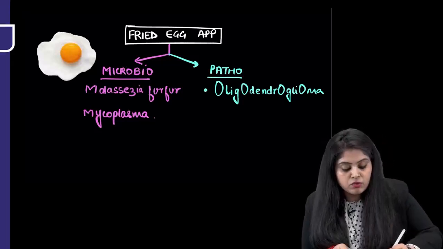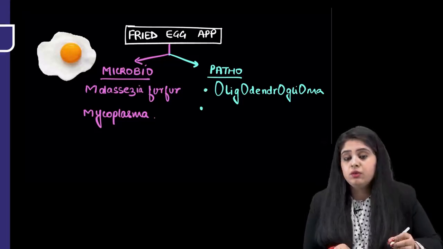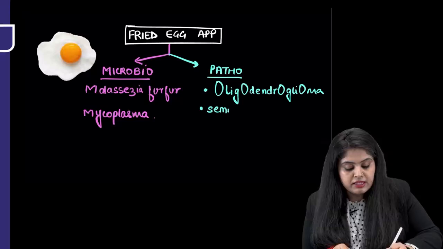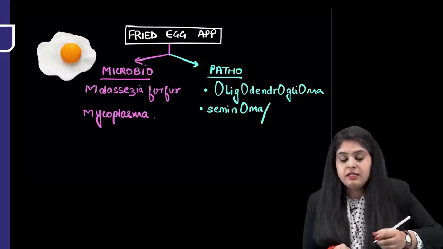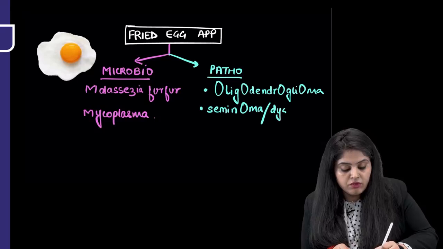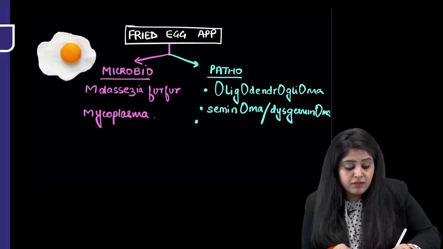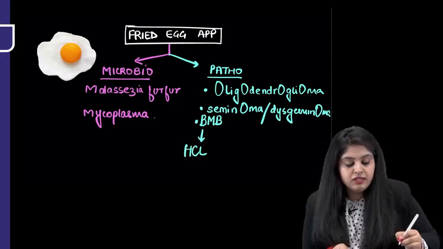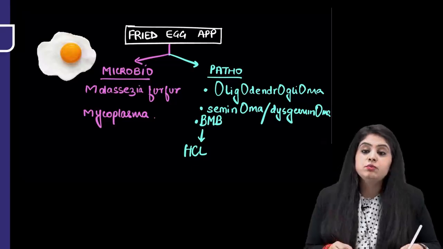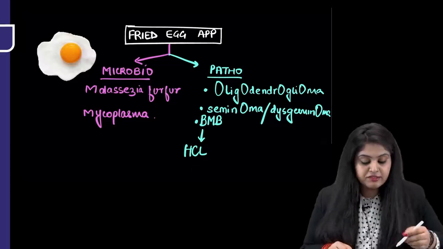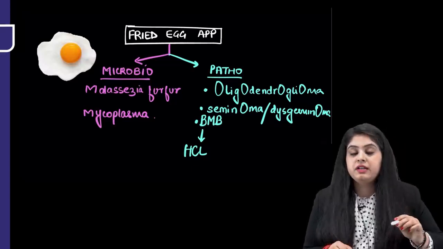Then when we came down to discussing the testicular and the ovarian tumors, we had studied seminoma, and obviously that's in the testis. The same thing in the ovary is going to be dysgerminoma. And also one very important thing, the bone marrow biopsy of hairy cell leukemia. Remember, again, I had taught you bone marrow biopsy. So yes, these are all the fried egg appearances that are going to help you.